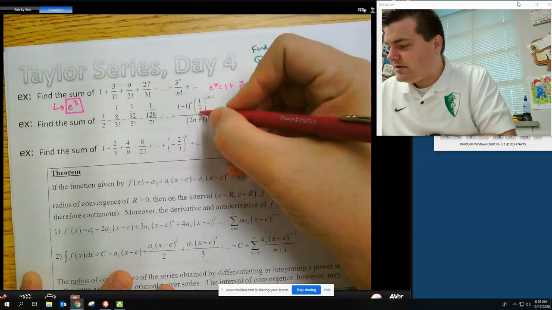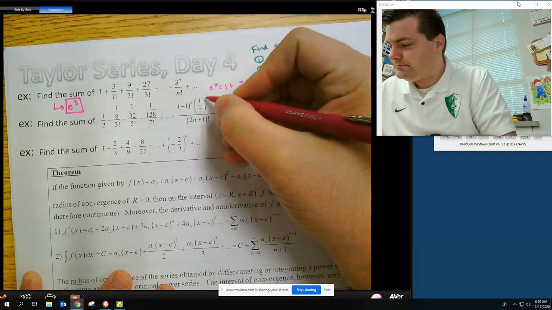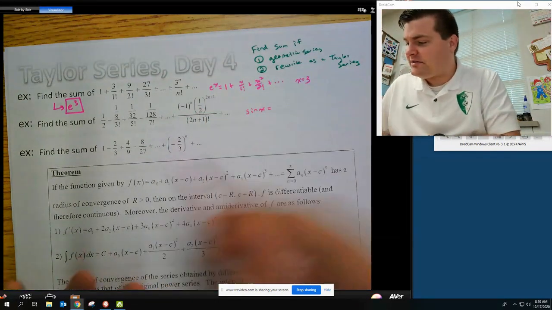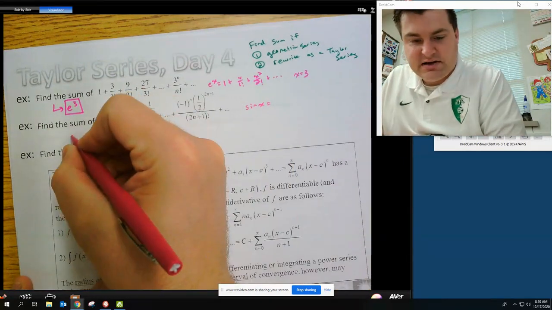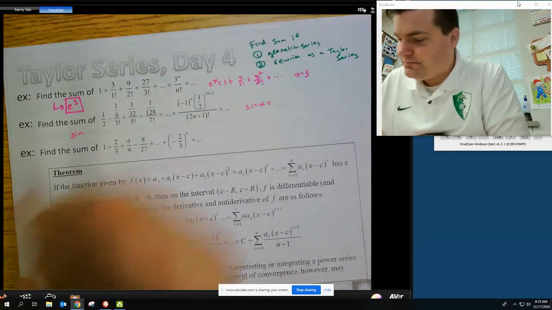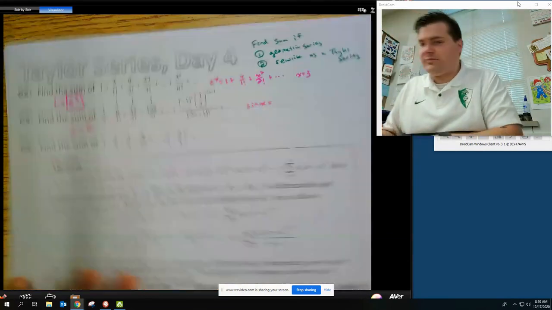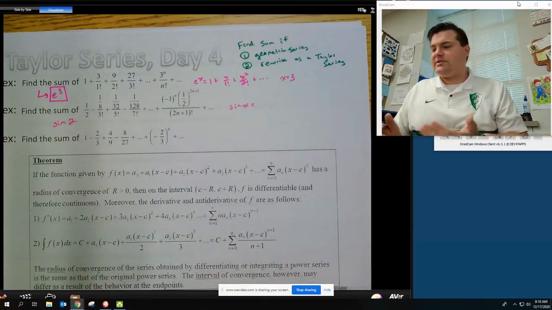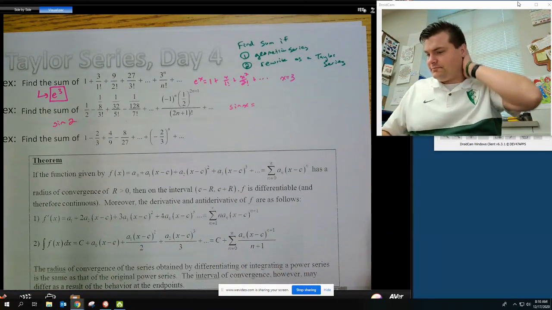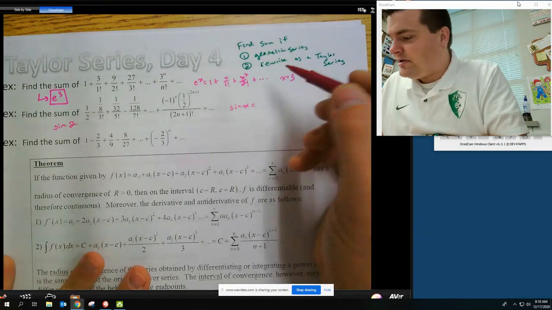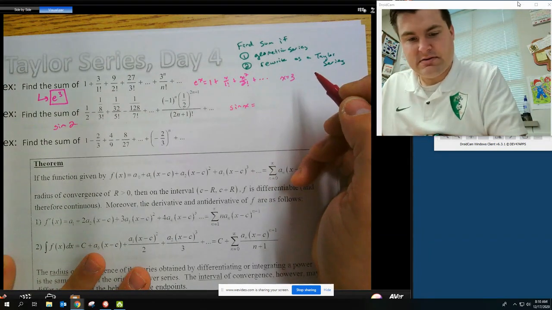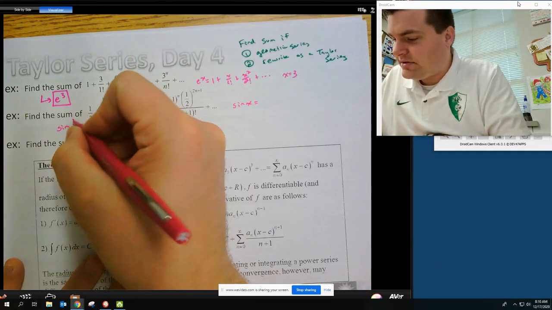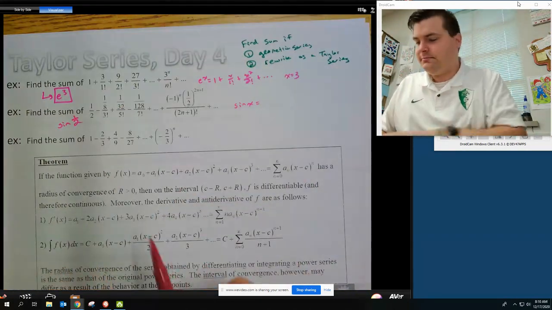Yeah, it's right here. So this is going to be sine of x. So actually, if I'm looking at this, this is going to be sine of 2. Okay? Because what is our sine of x here? Wait, this is not sine of 2. This is actually sine of 1/2. What was I thinking? This is sine of 1/2.